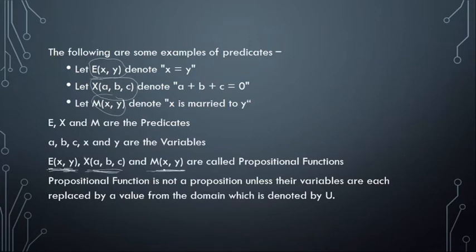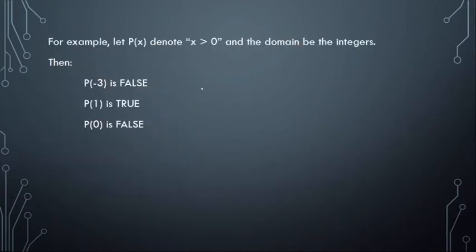So these propositional functions are still not propositions, unless you replace the variables with a value from the domain, denoted by U. For example, the domain of all integers. So to better understand predicates, I have an example here.